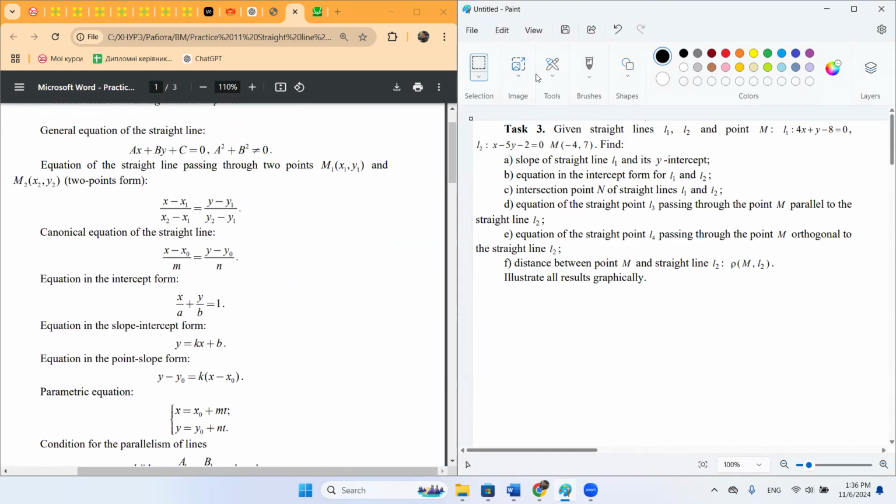So, moving to equations. First of all, we need to find the slope of a straight line L1 and its y-intercept. To do it, we basically need to write a slope-intercept equation.